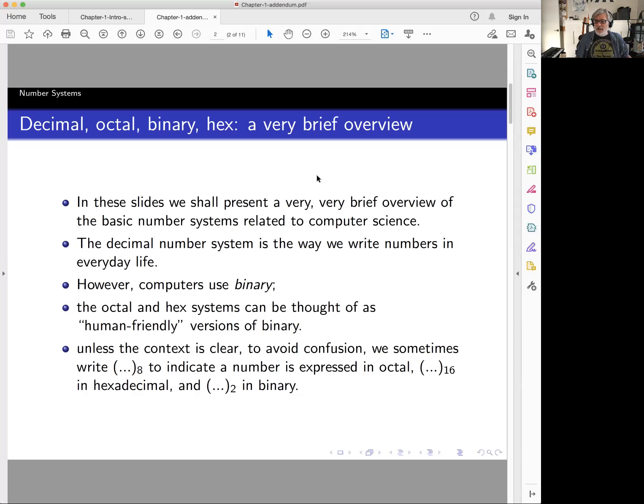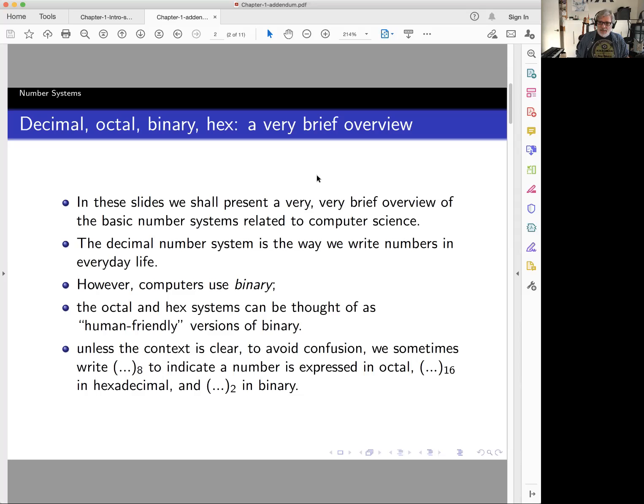But computers use binary, and the main reason is a technical one. Building computers with 2 values is the easiest from a technical point of view. But it turns out also that because you have these 2 values, 0, 1, true, false, you can do logic.